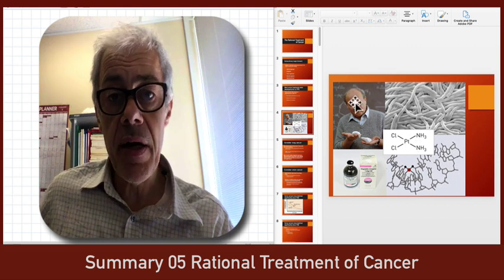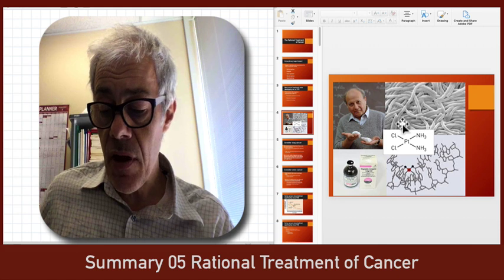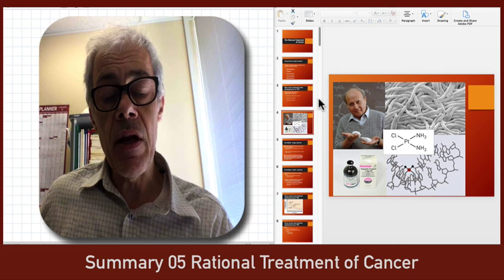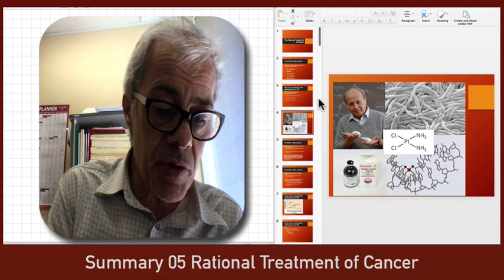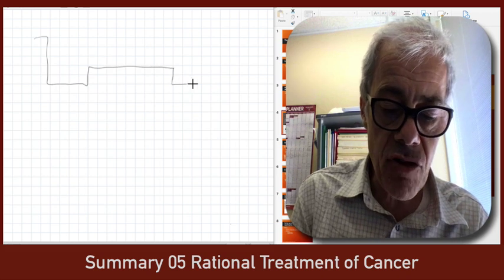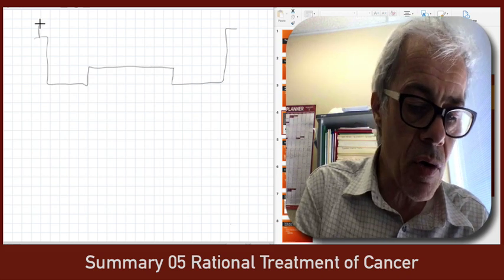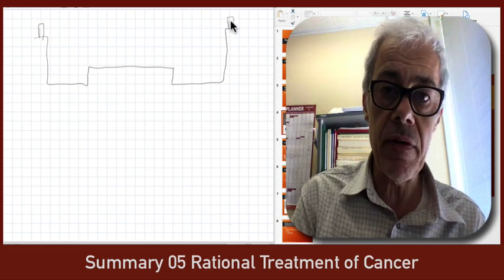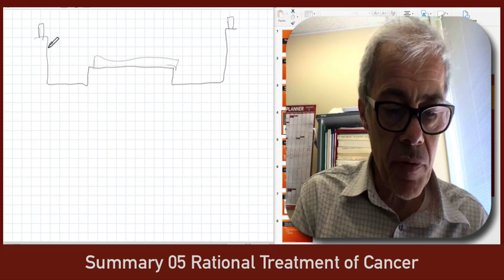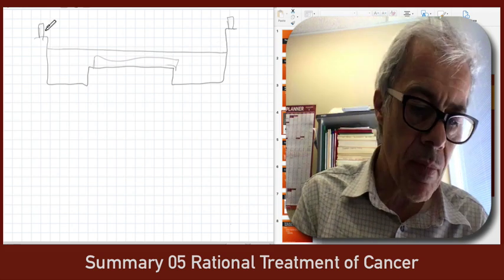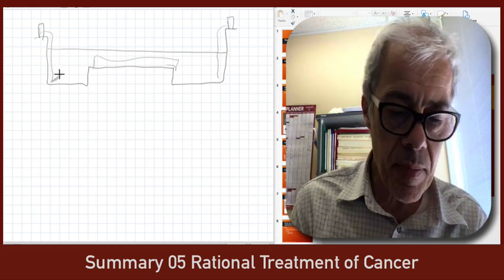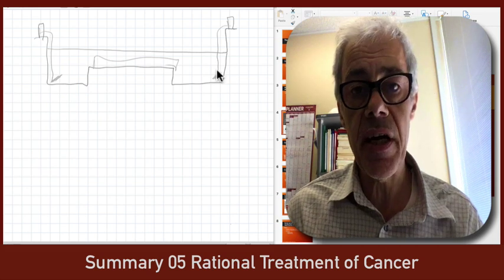And this character, Barnett Rosenberg, was studying the effect of electric currents on the elongation of bacteria. I'm not quite sure what he was doing, but the way I think about it is that we all know that we have these electrophoresis tanks, okay, and they've got positive and negative electrodes on them, and we put our DNA gel there, and we fill them up with buffer, and the electrodes are attached to these platinum electrodes, because platinum is inert.